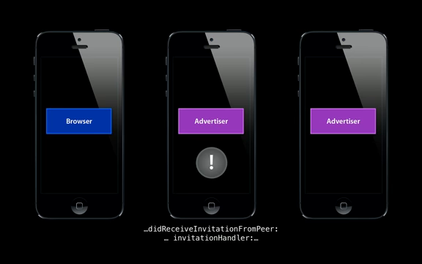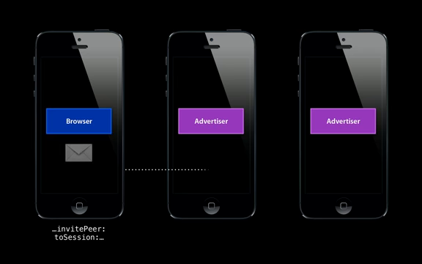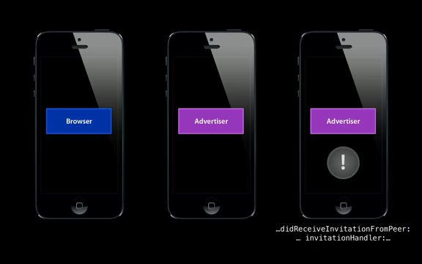When the advertiser receives the invitation, the advertiser's delegate will be notified via the delegate method didReceiveInvitationFromPeer, and the advertiser will be passed an invitation handler. Same thing happens when we want to invite the advertiser on the right. And when it gets the invitation, it gets notified with the same callback method.